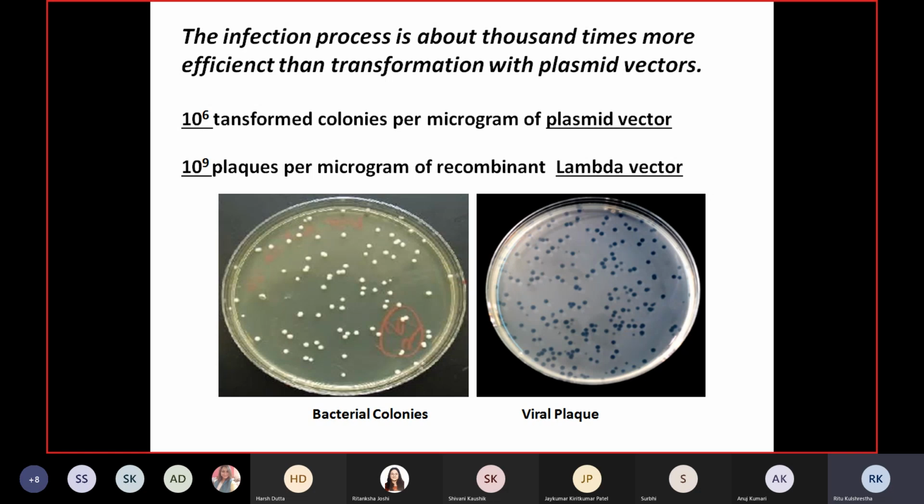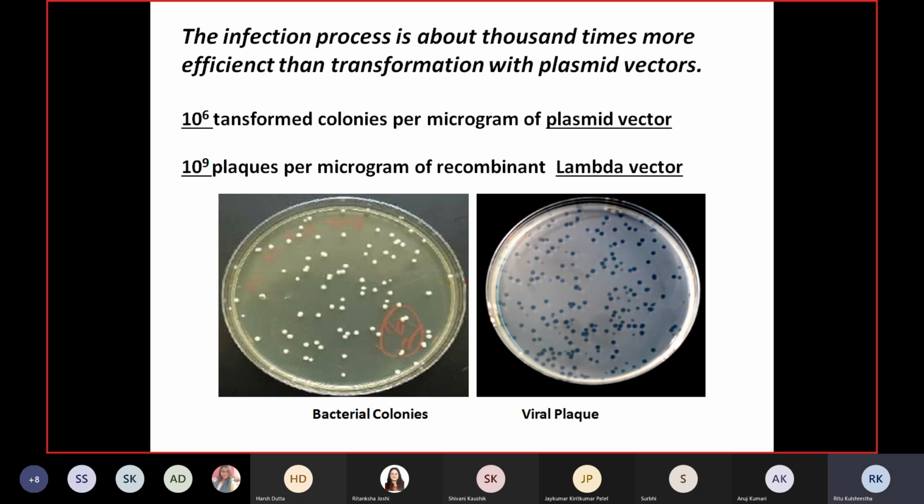In which condition would you select a specific plaque only? For example, when I'm doing genomic library screening and I come to know that my probe of interest, my gene of interest, is in this particular region after I perform a technique called Southern hybridization, etc. In those cases, I can harvest that particular plaque.